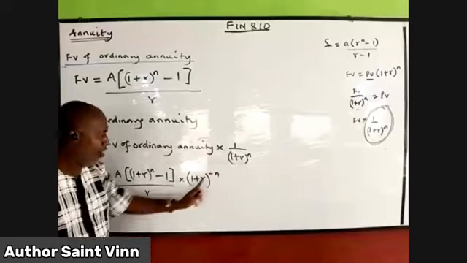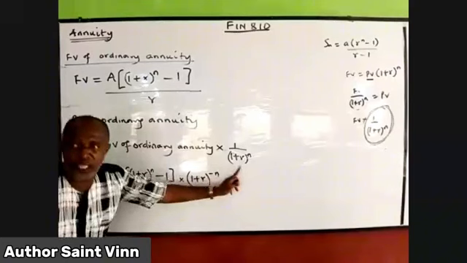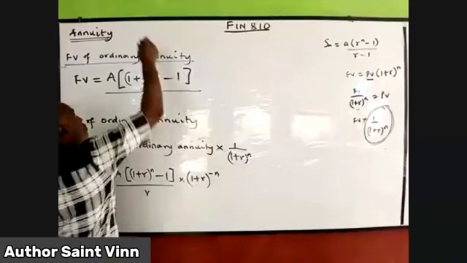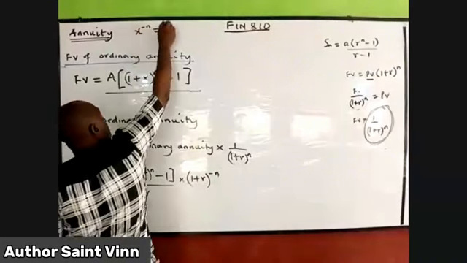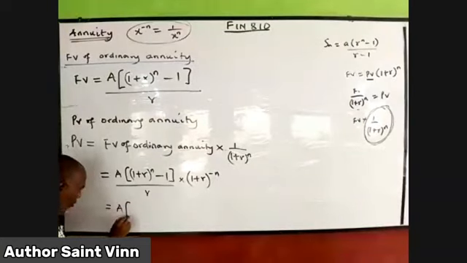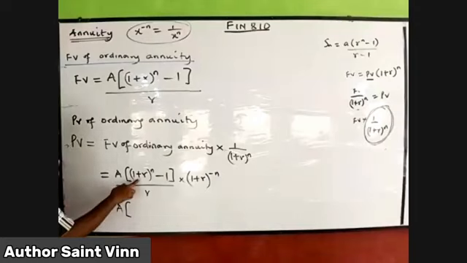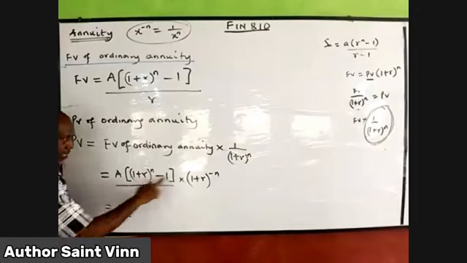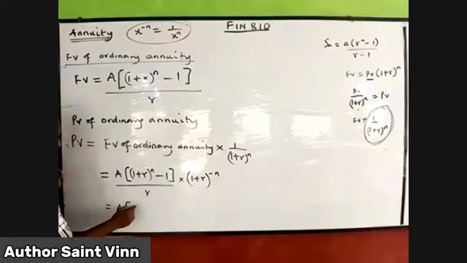I showed you now. In case you have forgotten, this is what we said that time. So I'm going to be expanding now to get the final formula. Watch this one. This times this gives us 1. Do you agree?